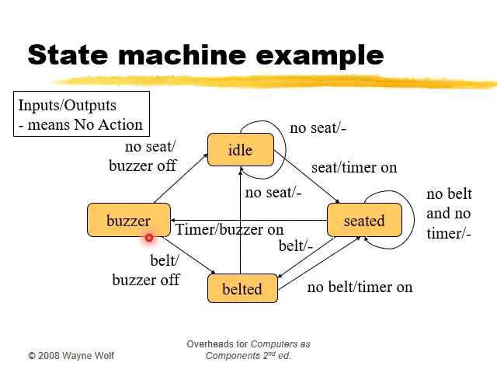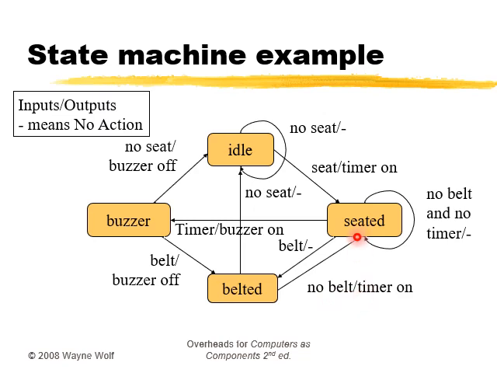If it is in the buzzer state and the next state is idle, it means that we need the buzzer off and no seat. If it is in the buzzer state and the belt is on, it goes to the next state, that is belted, and the buzzer will be off. From the belted state it can go to the seated state, no belt, so the timer will be on.